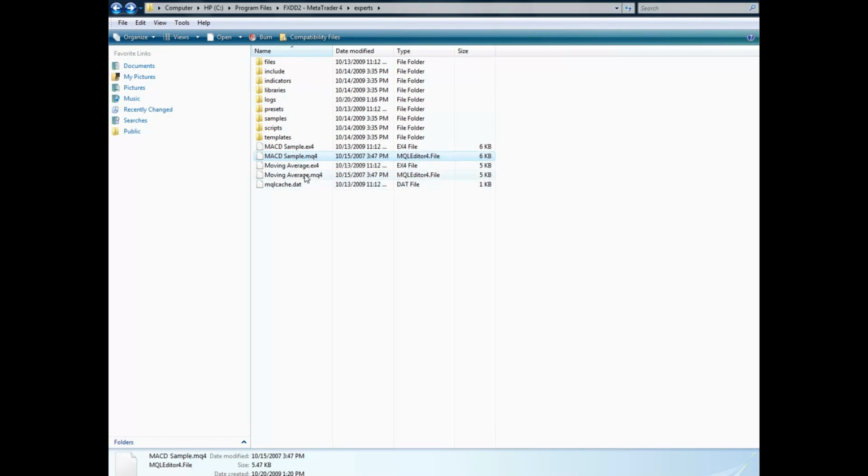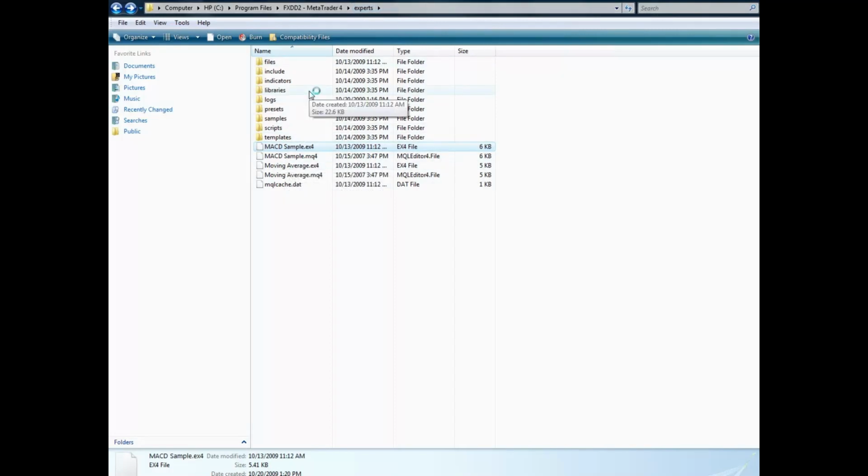The reason you're seeing these in this case is that these are demonstration files that come standard with MetaTrader. If you're buying a commercially available expert advisor, you will get the EX4 file, which is not one that you can edit. Now also notice that this is in the experts directory, straight in the experts directory.